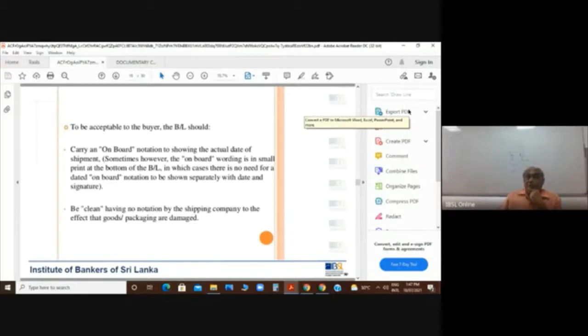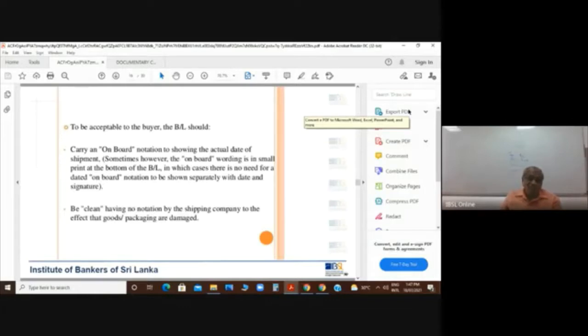Consignor or the shipper, when they issue a bill of lading, it has to be acceptable by the buyer.